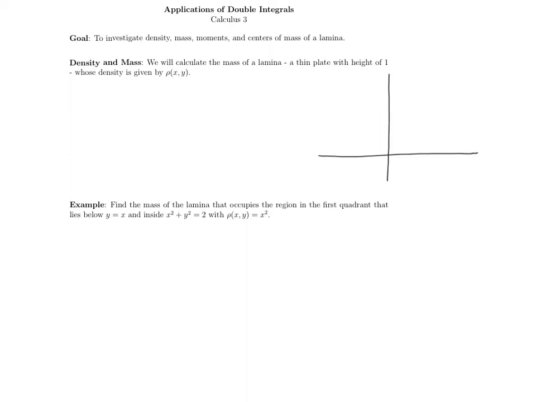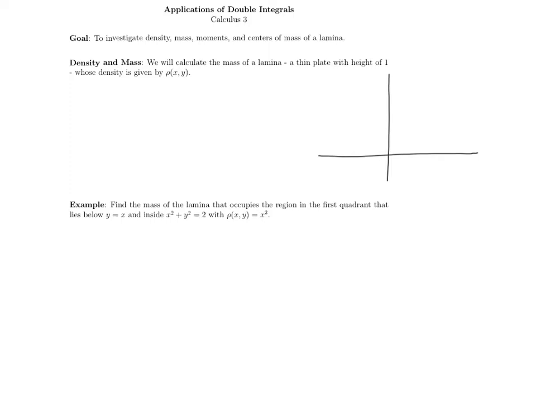So let me go ahead and start off by mentioning that what we want to do is calculate the mass of a lamina, where a lamina we think of as a thin plate with a height of 1. And I know this is kind of an abstract sounding thing, but this is just giving us a nice starting point of something we can do calculations on with double integrals.